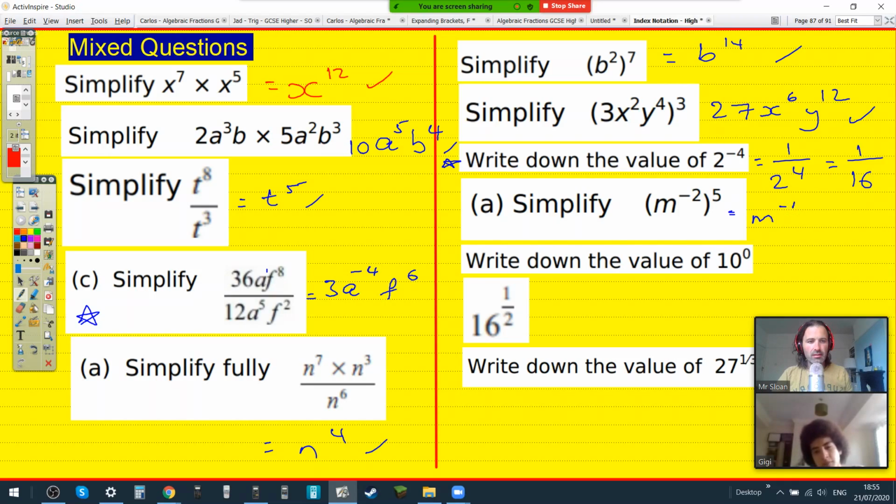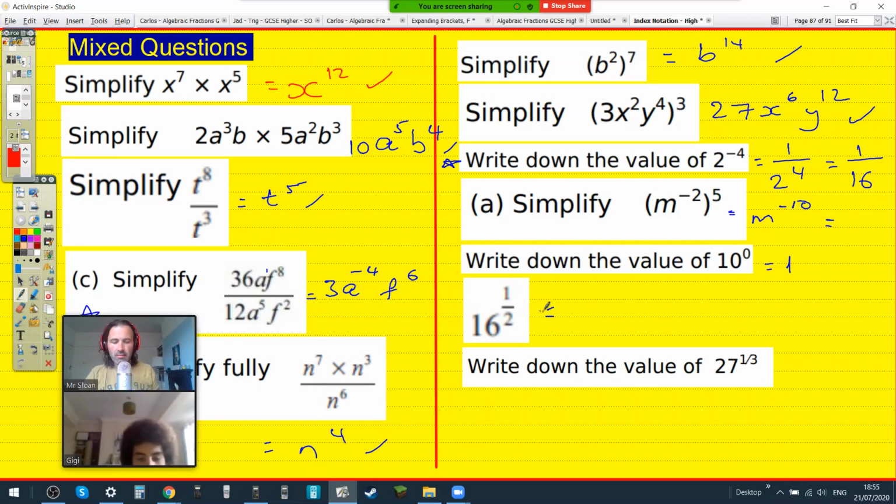Oh no, minus 10. And how else can you write that? 10 to the power of 0 is 1. That is 1 over, no, 6. That's power of minus. Oh yeah.